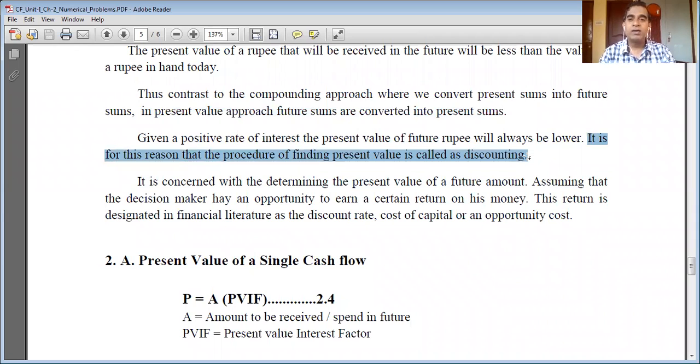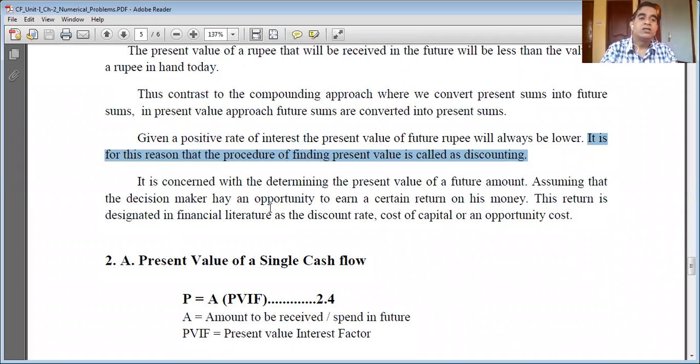As we have learned, the value of a rupee in future compared to its present value is always lower. So when we convert future sums into present value, their value will always be less in the present as compared to the future. That is the reason we call the procedure of finding present value a discounting technique.